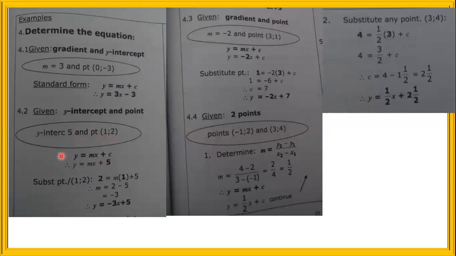So we go back to the equation and substitute in our point. That's why we have 2 equal to m times 1, where 1 is x, plus our y-intercept, which is 5.